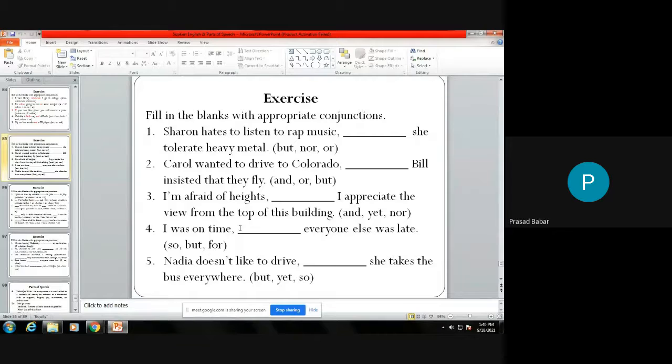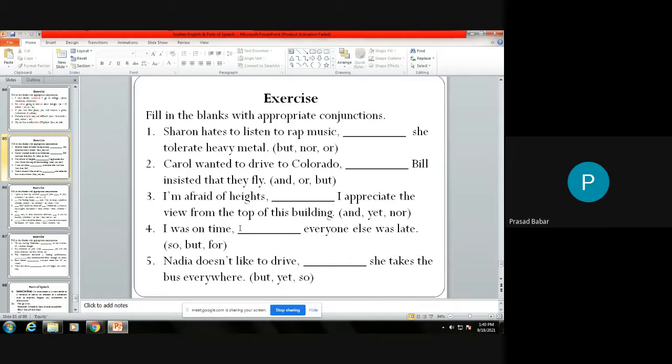What would be the proper conjunction we will use here? But. Yes, so but is the proper, correct and suitable conjunction that we can use here. Sharon hates to listen to rap music but she tolerates heavy metal.